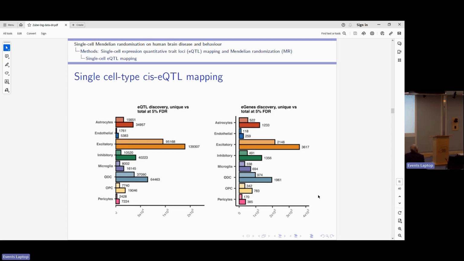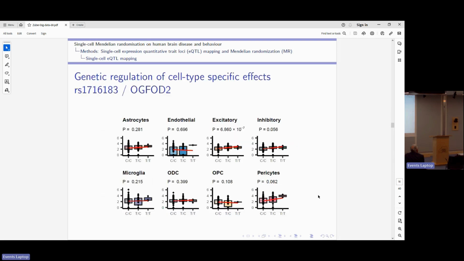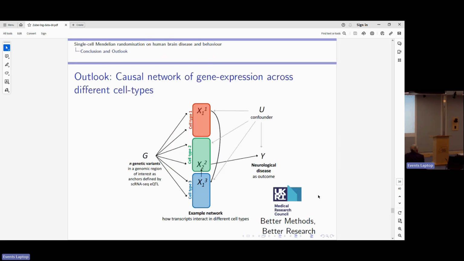This is already showing whether it is unique to one single cell type or to more than one, and you see that there is quite a big number of things overlapping. That's why I think methodological development, as I've shown here, would be super relevant, and not just for the single cell work, also for GTEx, as you mentioned, just to see whether there is crosstalk, and how expression in one tissue affects another, and how it propagates.